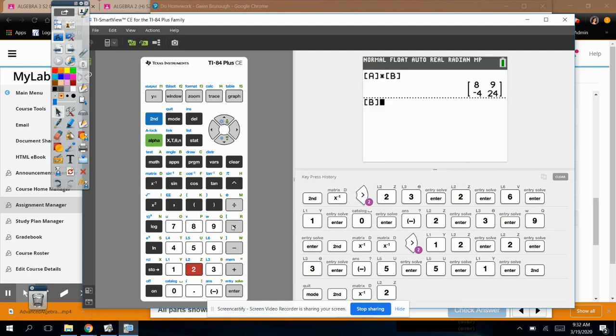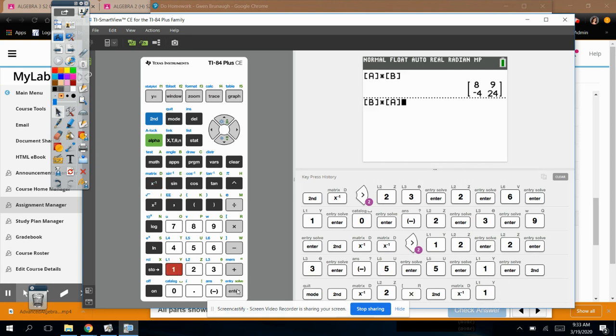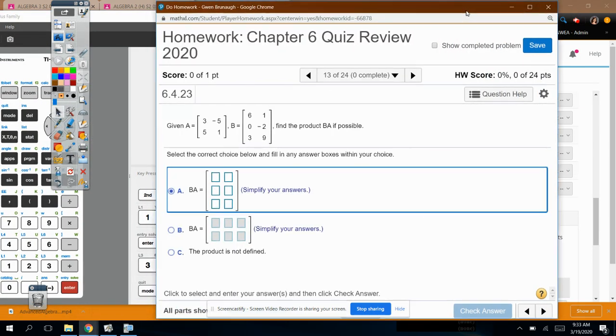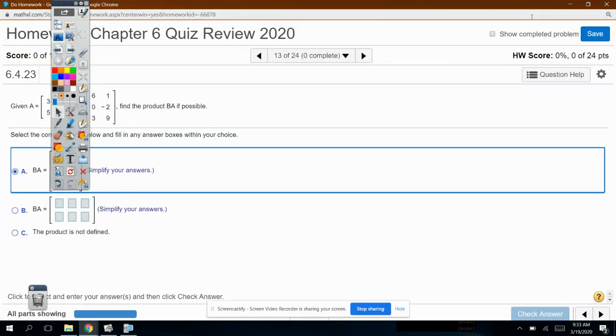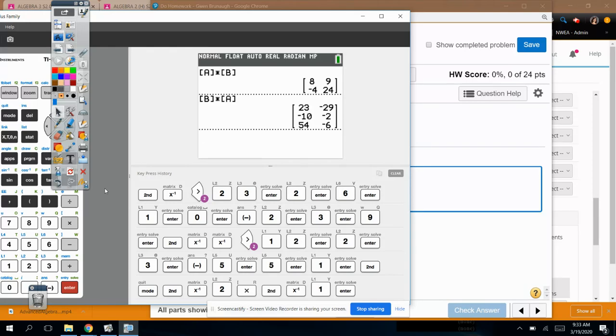All right, now we go back to the main screen, second quit, and now we're going to take matrix B times matrix A. There we go. 23, negative 29, negative 10, negative 2. No, that didn't work like I thought it would. 23, negative 29.